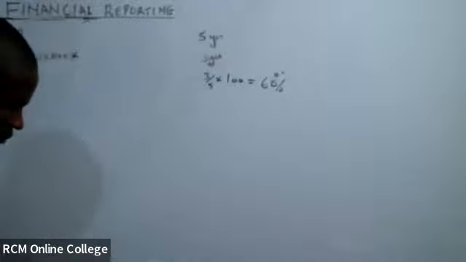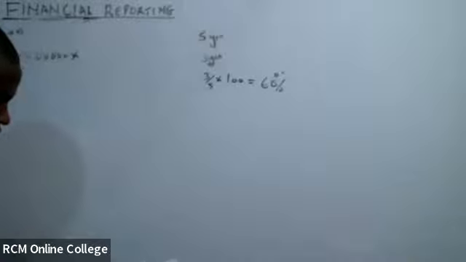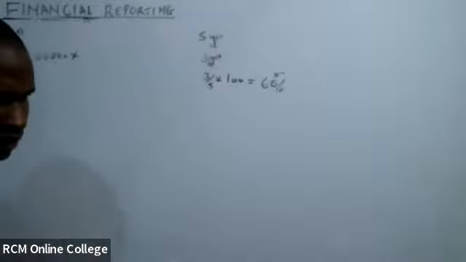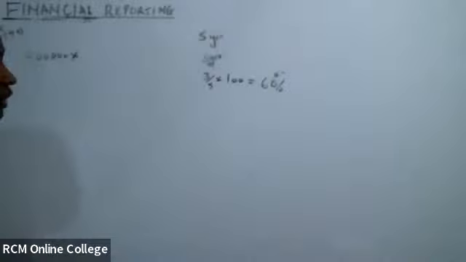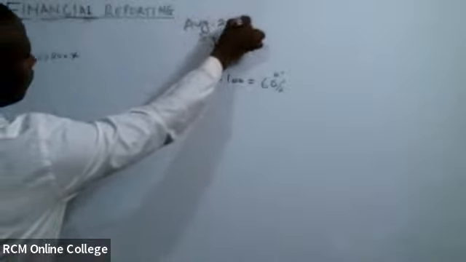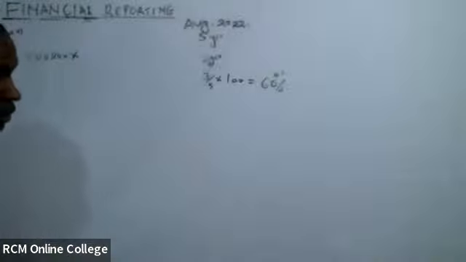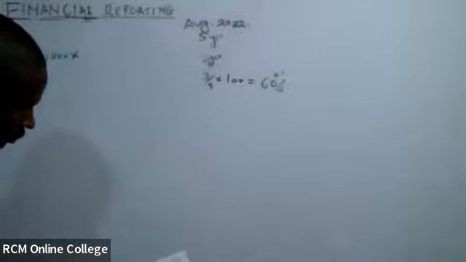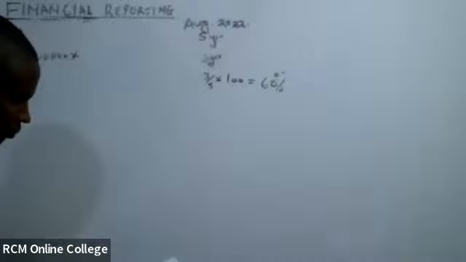The 500,000 is paid every year, and this is going for how long? It's going for 3 years. First of all, we need to get the lease liability.